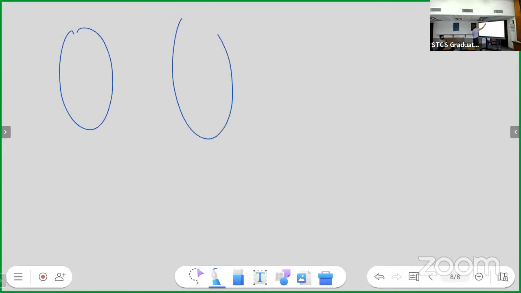So let's say these are my two convex sets, x1, x2, and C1 this. So the distance between x1 and x2.